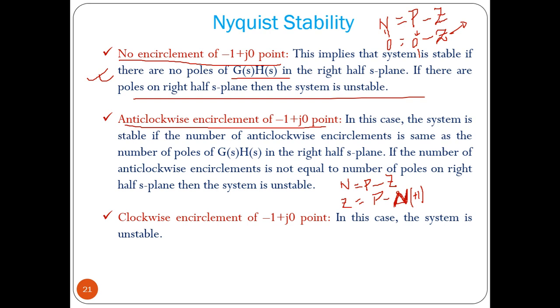That means if the number of poles of the open loop transfer function in the right half plane is equal to the number of anti-clockwise encirclements, then Z becomes 0. The system is stable. Otherwise, unstable.